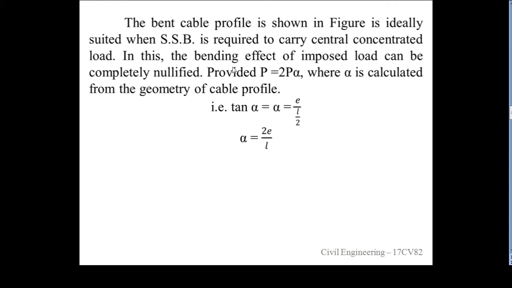In this, the bending effect of the imposed load can be completely nullified, provided W/2 is equal to P alpha, where alpha is calculated from the geometry of the cable profile, tan alpha is equal to e divided by L/2. This is for a bent cable with a central concentrated load on the beam.